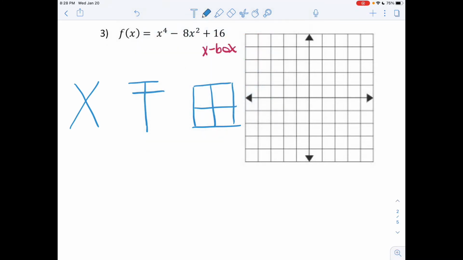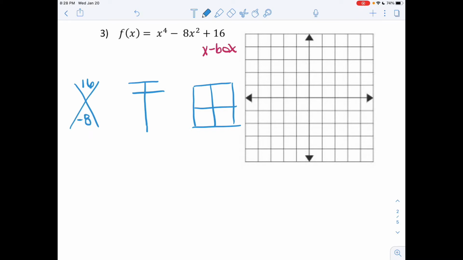Now this one is a little bit tricky because it has an x to the 4th power. This isn't actually a quadratic, it's a quartic, but we learned how to do that when we were factoring. We just need to change up our exponents a little bit as we go along, so we'll talk about that. A times C is 16, 1 times 16, and negative 8 is my B value.